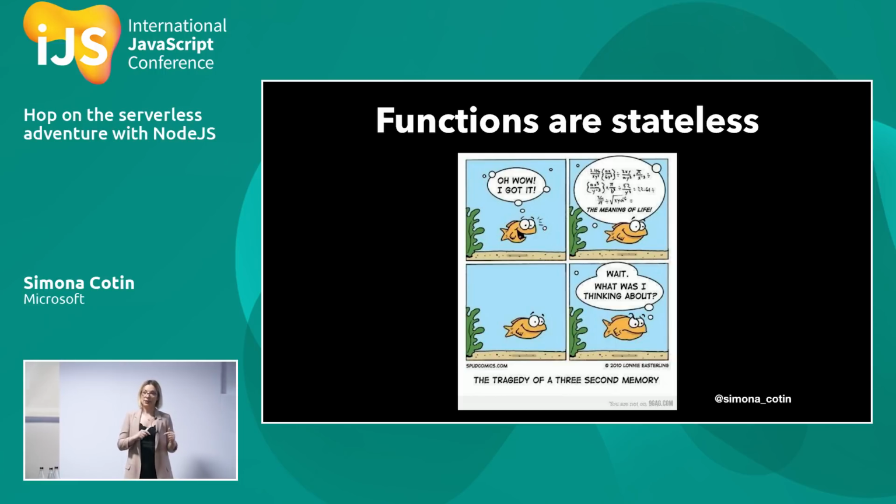If you want to pass state from one function to another, you might choose to store a message on a queue, or maybe store something in a database, but you cannot just do the traditional way where you're saving state somewhere on an object, and then expect the next run to have access to that data. The fact that functions are stateless actually gives us this power where we can auto-scale immensely, right? And this is an advantage as well.